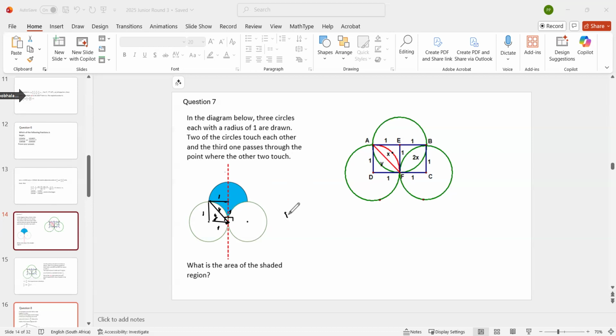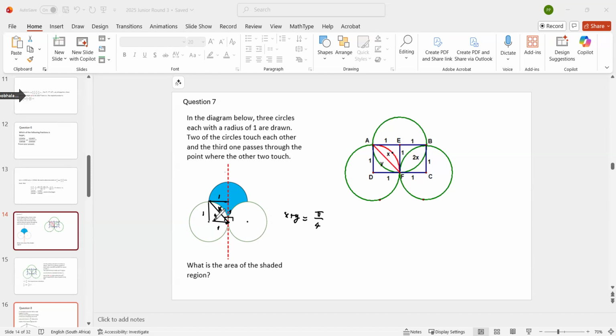So you've got that X plus Y is actually equal to the quarter circle. This is X. These two whites give you a quarter circle. And the area of the circle is pi r squared. So the area of the full circle is pi times 1 squared, which is pi. So the area of X plus Y is pi over 4.